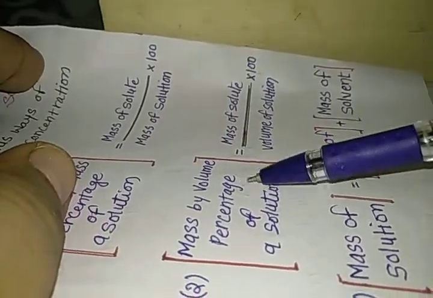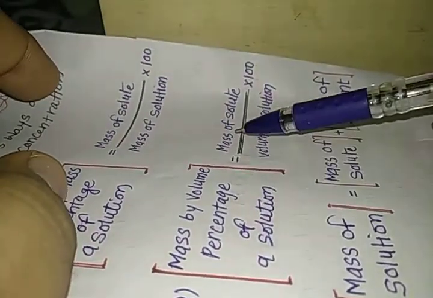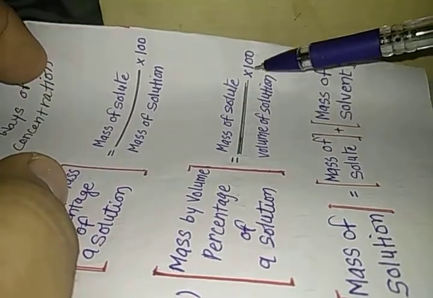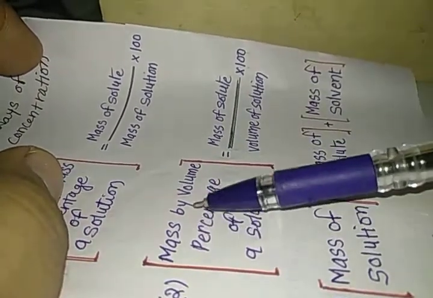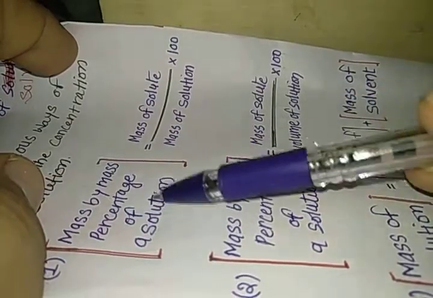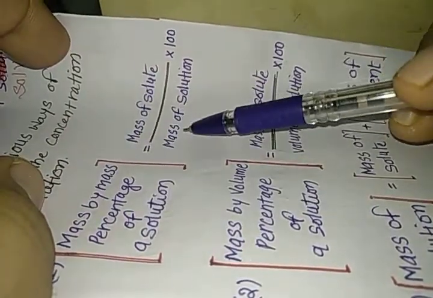Mass by volume percentage of a solution is equal to mass of solute divided by volume of solution multiplied by 100. As this is the mass by volume percentage, we write here the volume of solution. As this is the mass by mass percentage of solution, we write here mass of solution.